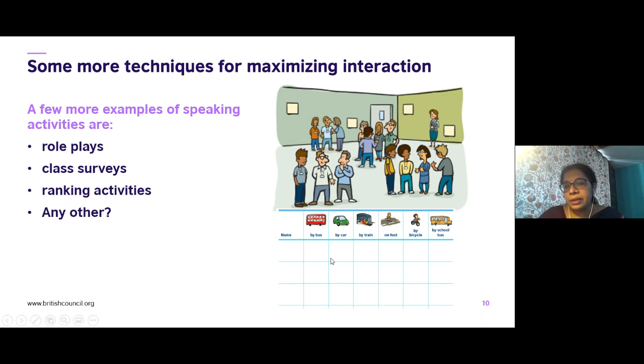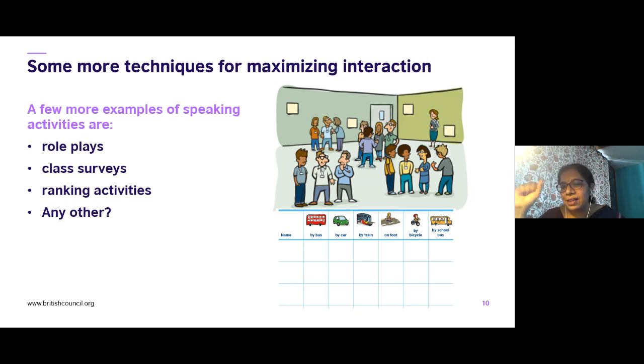Now, this table here below that you see is a table that is an activity where students have to find out how their classmates travel to school. So in groups with this table, this could be a table even in their textbooks, students have to ask their classmates the question, how do you travel to school?